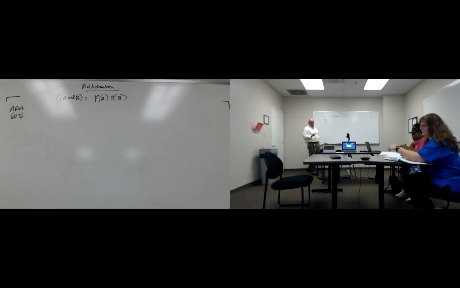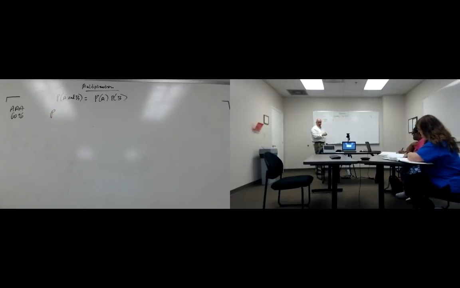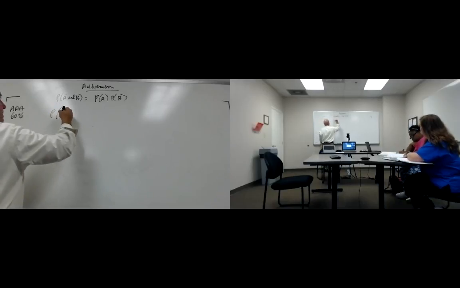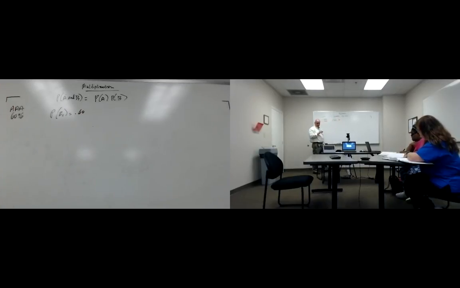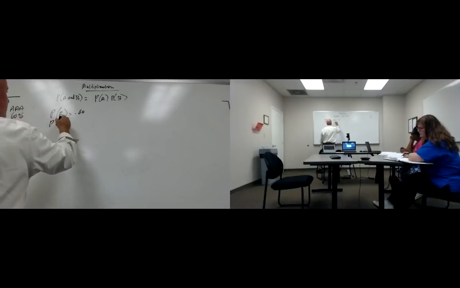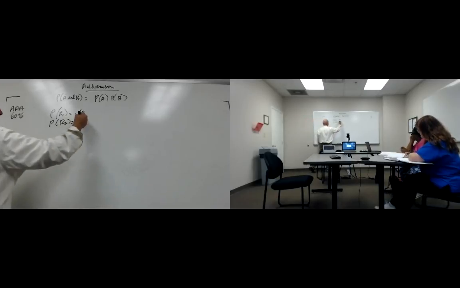All right, so the probability that the first member made an airline reservation last year is what? 0.60, or 60%. So the probability of the first reservation is equal to 0.6. And what's the probability that the second reservation was made online? 0.6.